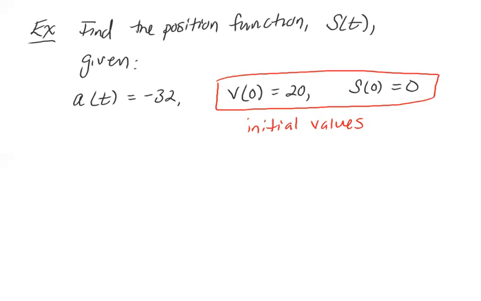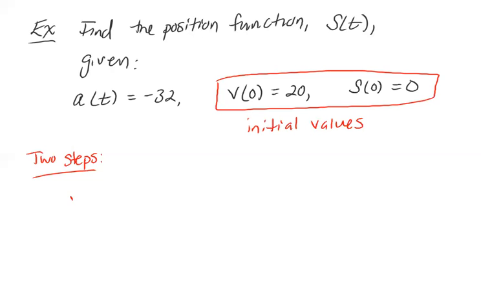And I'm given a single acceleration function. You might notice that I have to do this in two steps. I'm given an acceleration function and I'm asked to find the position function. Just like if I'm given a position function and I have to find the derivative twice to find the acceleration function, I have to do two steps to go backwards and find a position function.